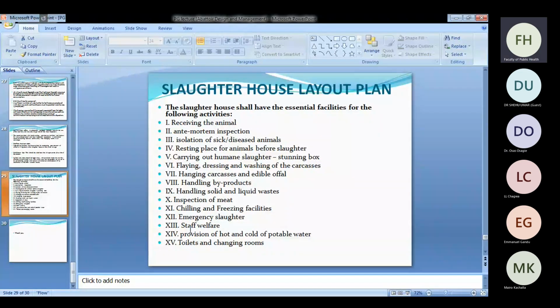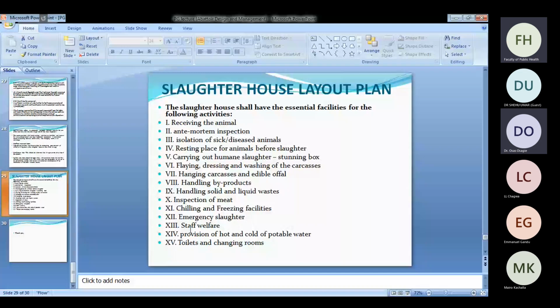From your own experience as a veterinarian, kindly indicate from the lecture we have gone through today those conditions, the things that are abnormal in abattoirs in your own locality, compared to the essential requirements of abattoir that we have already gone through.